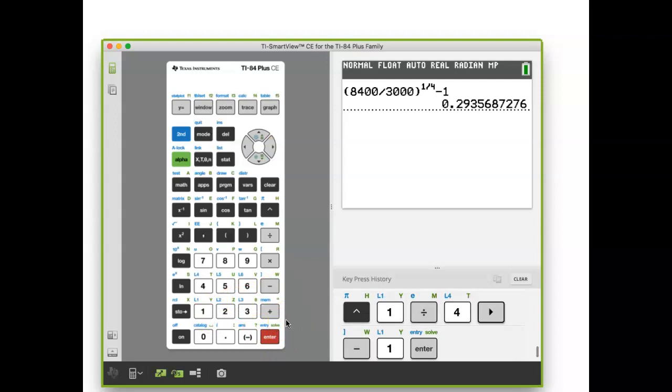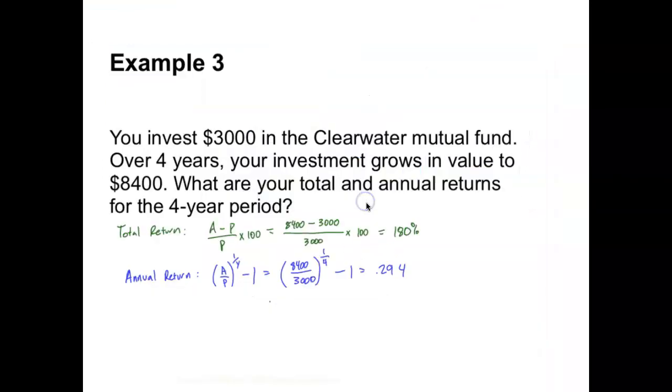So 0.294, you would need an interest rate of about 29.4% to have that same growth over 4 years. Which is very high. 180% growth is a pretty good return for a 4-year investment.